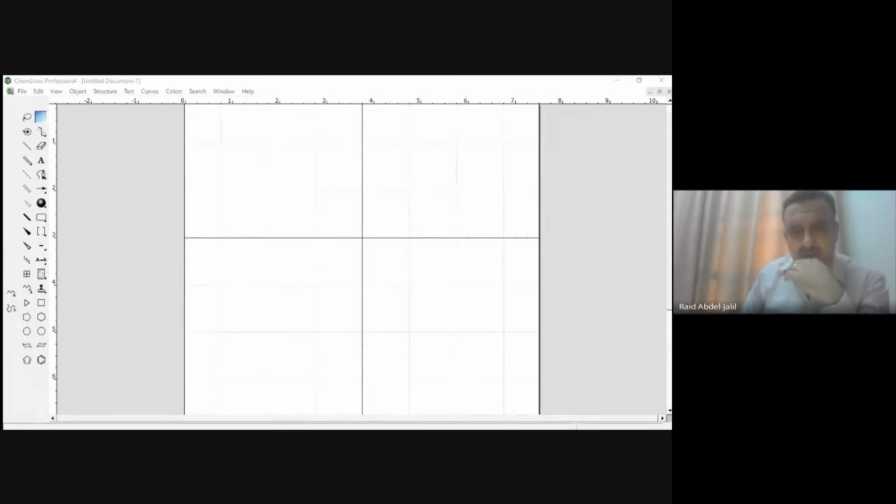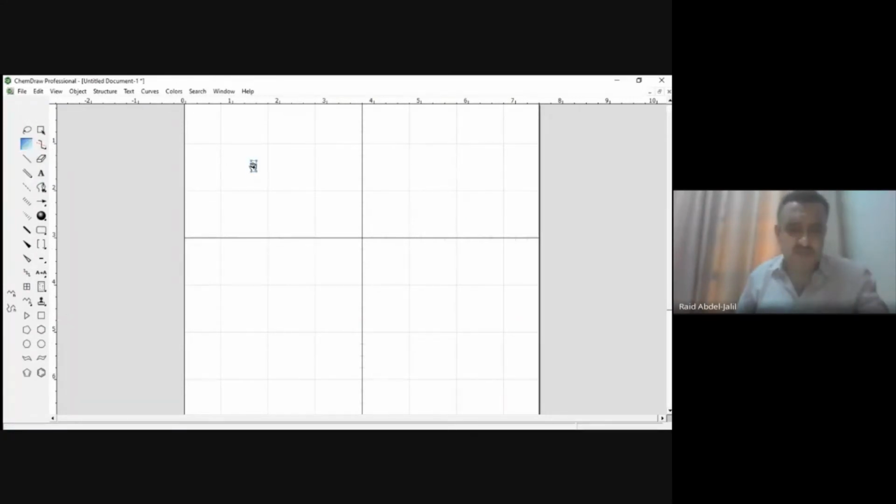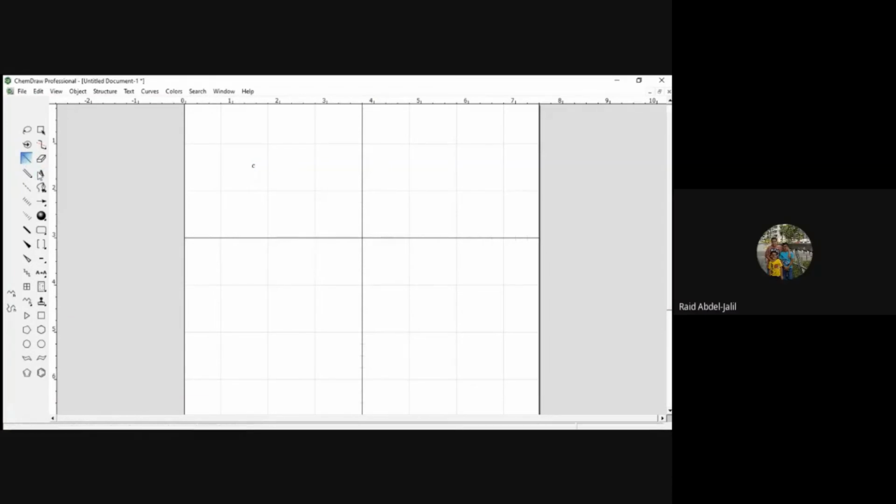As you can see, for the ethene gas, we have carbon double bonded to another carbon, and then each carbon attached to hydrogen, as you can see.